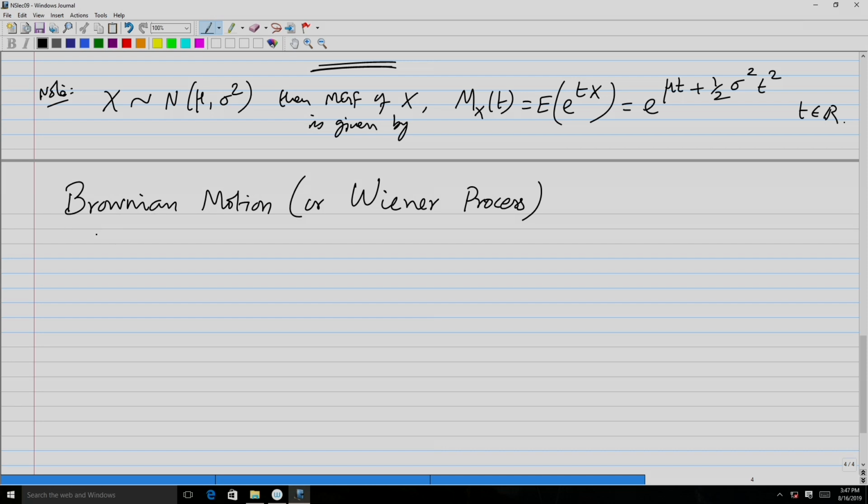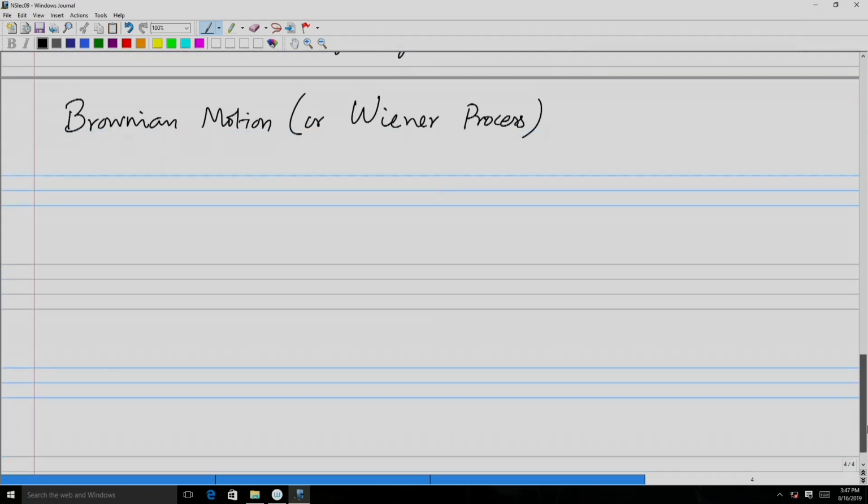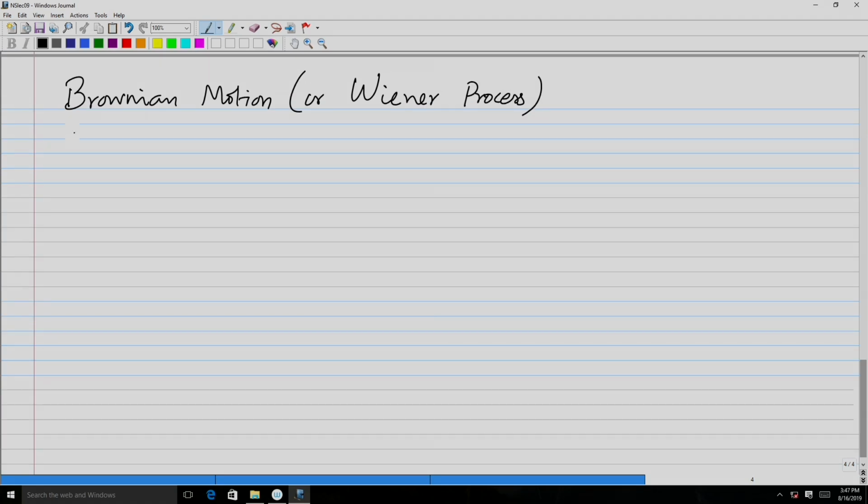Now, what is this process? Okay, let us precisely define. Like any random process, you have an underlying probability space on which the random variables are defined.